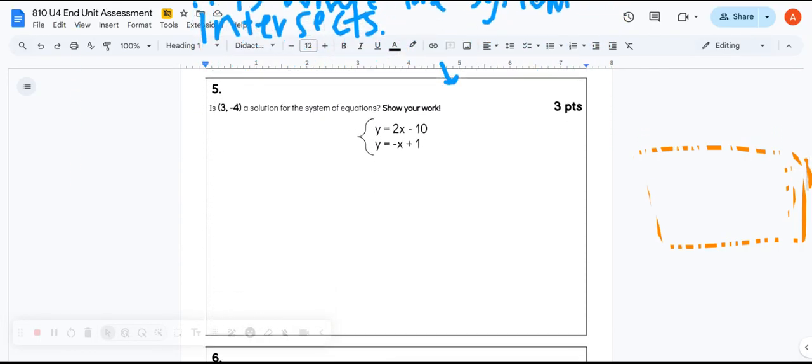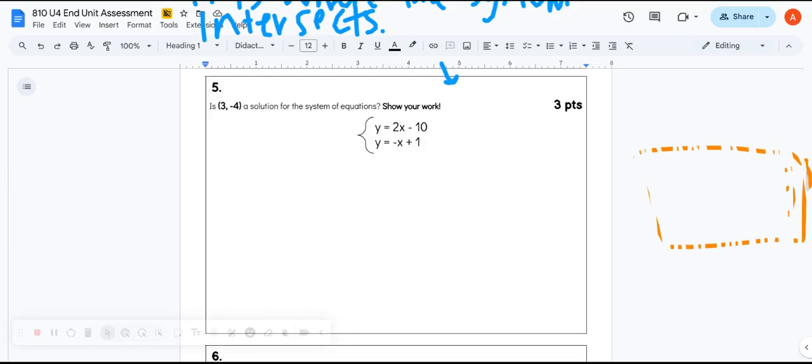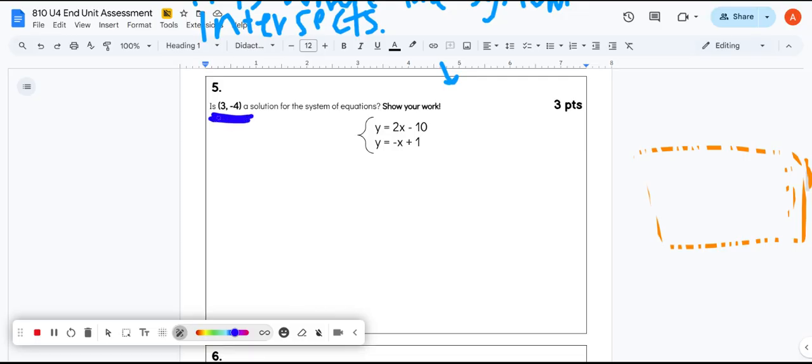Number 5. Speaking of systems, it's asking, is (3, -4) a solution for this system? Now, we know there are 2 different ways I can solve this. There's the long way, which is totally fine, and then there's the short way. The long way would be simply solving the system and double checking if it matches the solution (3, -4).